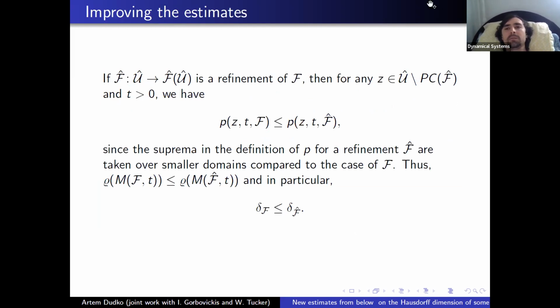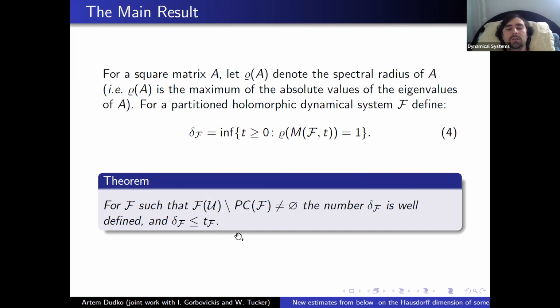And several practical remarks on using this theorem for computing lower bounds. This quantity is equal to hyperbolic dimension, which is less or equal than Hausdorff dimension.